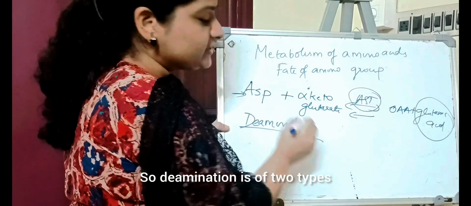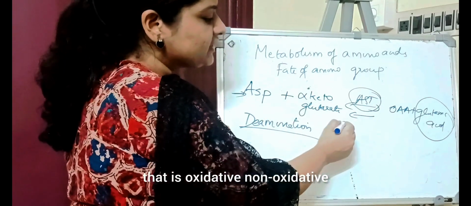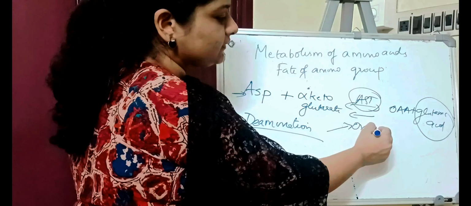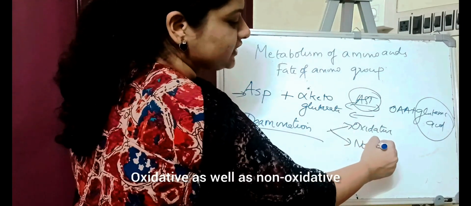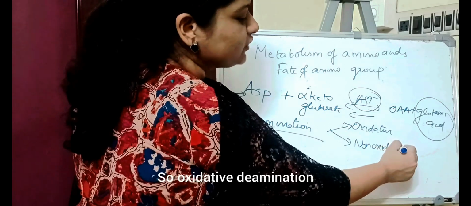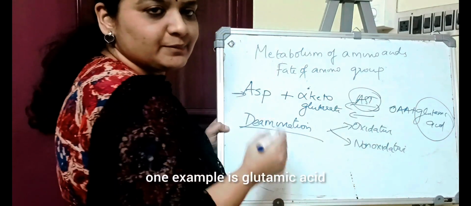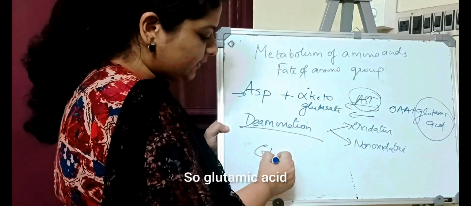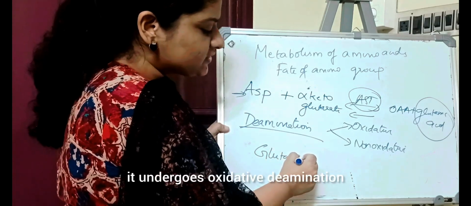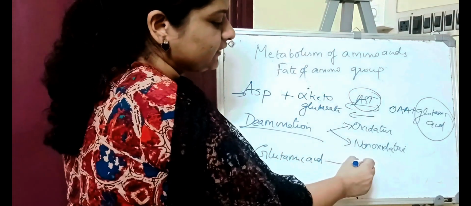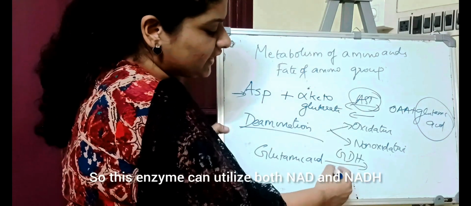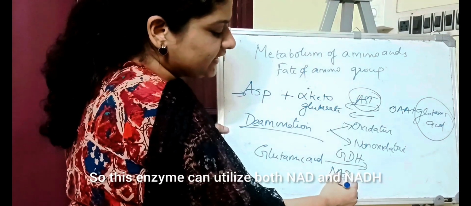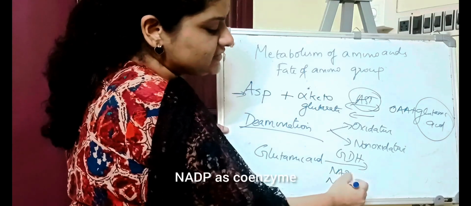Deamination is of two types, oxidative as well as non-oxidative. For oxidative deamination, one example is glutamic acid. Glutamic acid undergoes oxidative deamination with the help of the glutamate dehydrogenase enzyme. This enzyme can utilize both NAD and NADP as coenzyme.